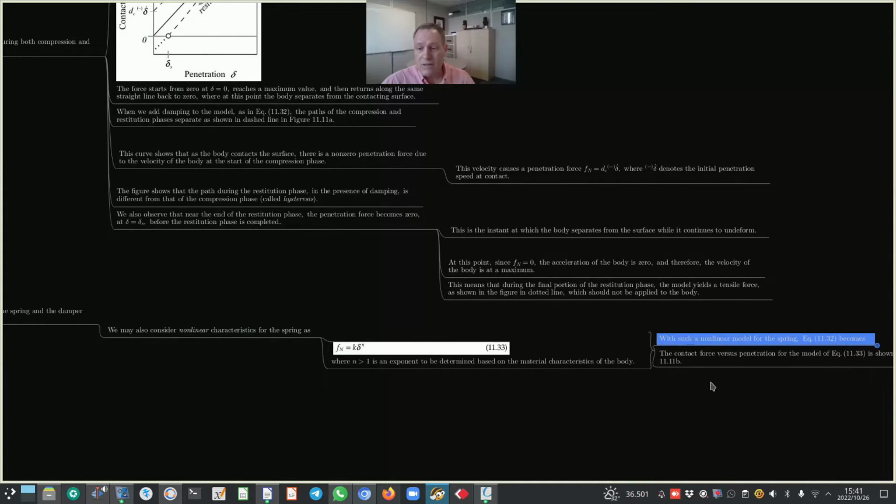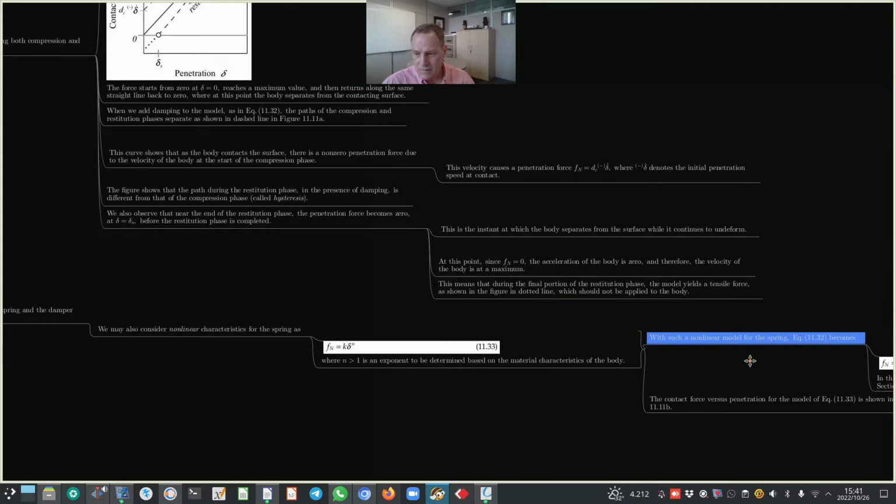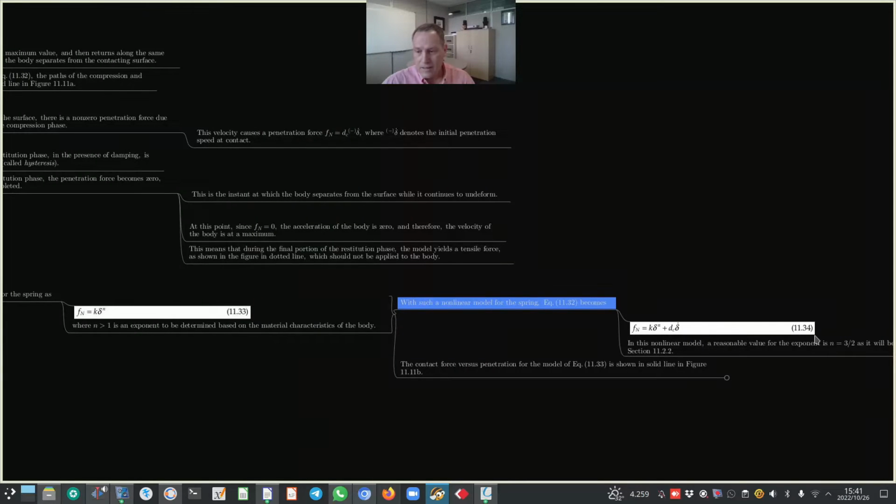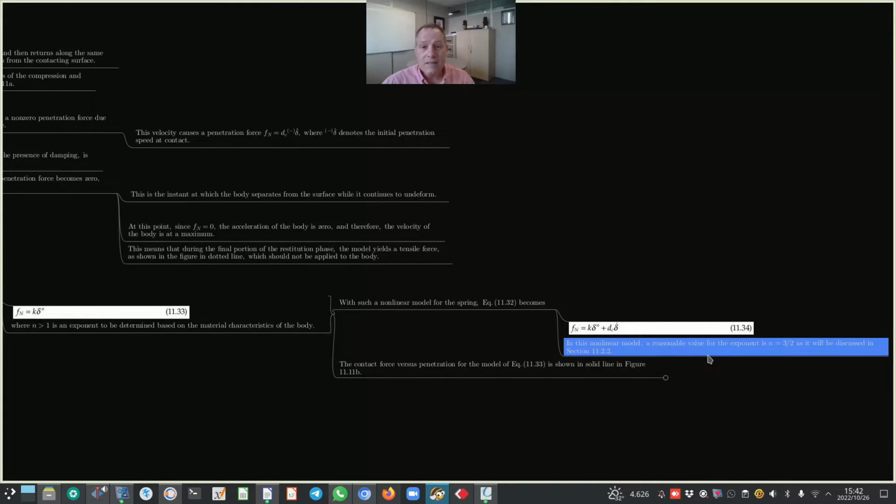Now, with such a nonlinear model for the spring, equation 11.32 becomes 11.34 if we now add damping. In this nonlinear model, a reasonable value for the exponent is n equals 3 over 2, or 1.5 if you like, as it will be discussed in section 11.2.2, and we'll get back to this section in our next lecture.